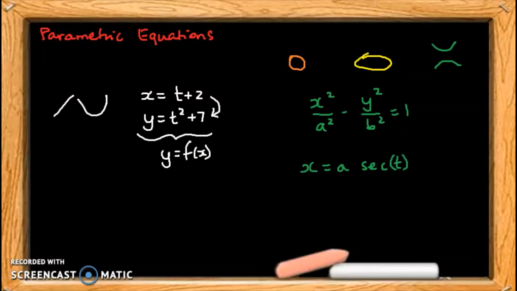Remember, sec is one of these reciprocal functions, 1 over cos. And y equals b tan t. These again, just like for my circles and for my ellipses, are interchangeable, so we can move between Cartesian equations and parametric equations.